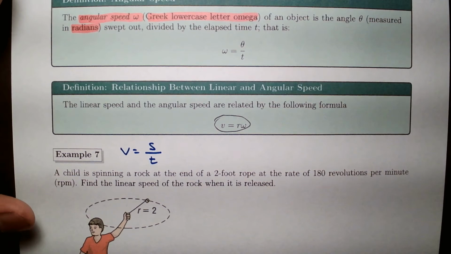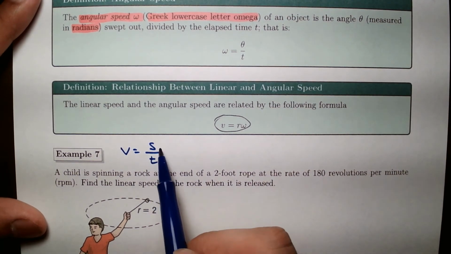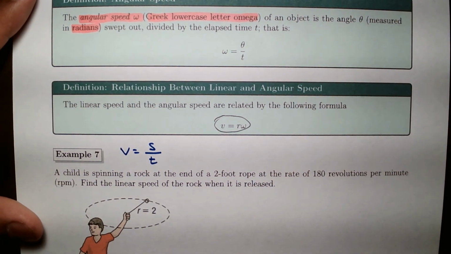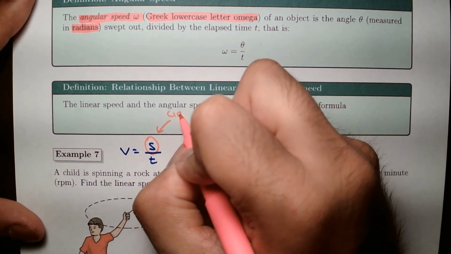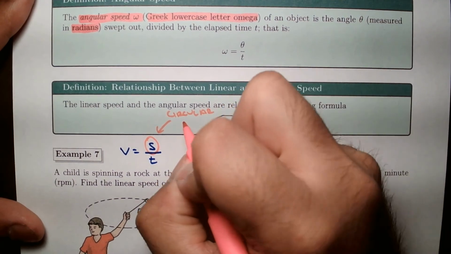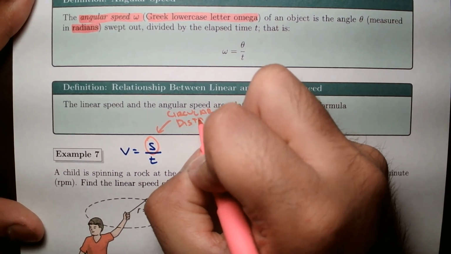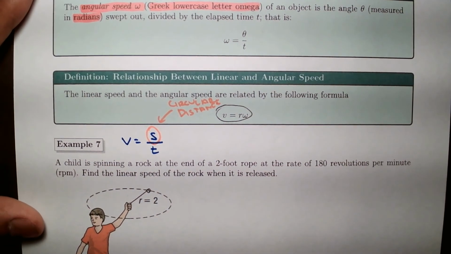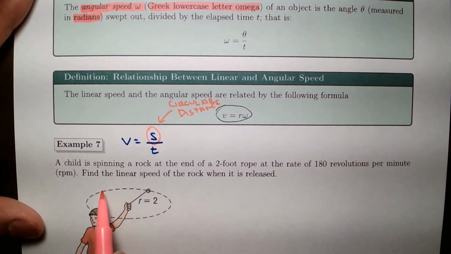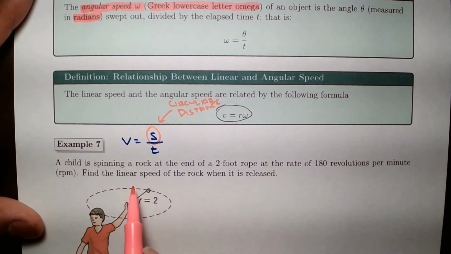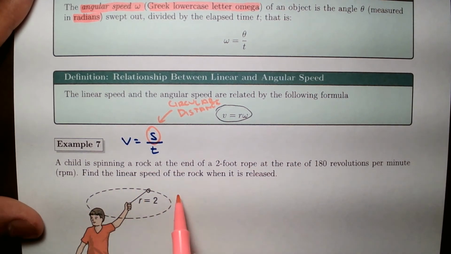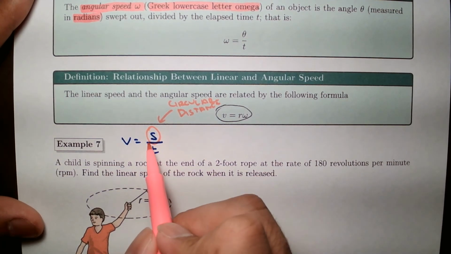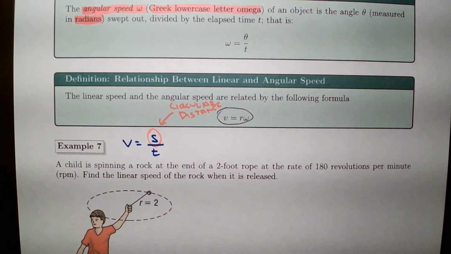But in this case, this distance is circular distance. If you look at the picture for the problem we're about to solve, notice how this rock is moving in a circular direction. So circular distance, where have we seen that?